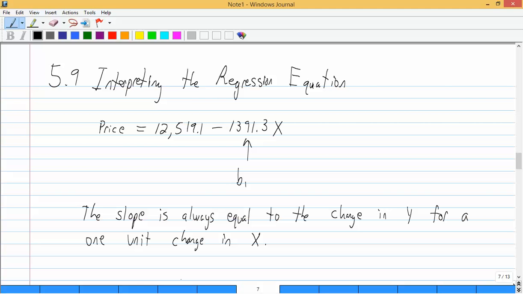The slope is always equal to the change in y for a 1 unit change in x. So it's change in y over change in x, but for 1 unit. What that means is, if you plugged in, say, x equals 4 and x equals 5, and you compared the two prices, the difference would be the slope.